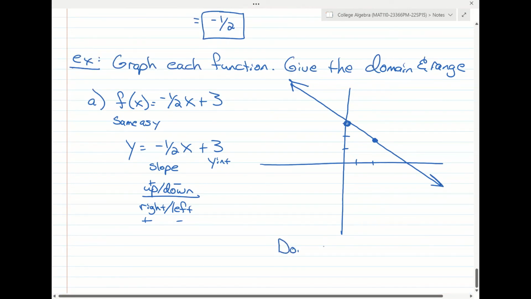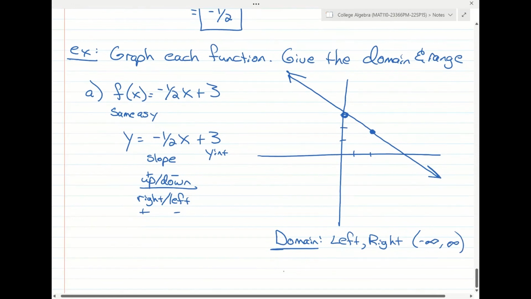What would be the domain for this problem? All real numbers. The way that we write that is on the left side, we say how far left it goes, and then comma how far right it goes. For this problem, it's going to be negative infinity to positive infinity.